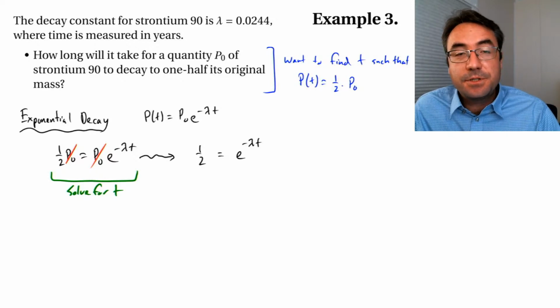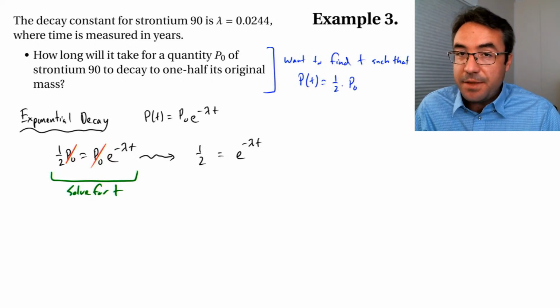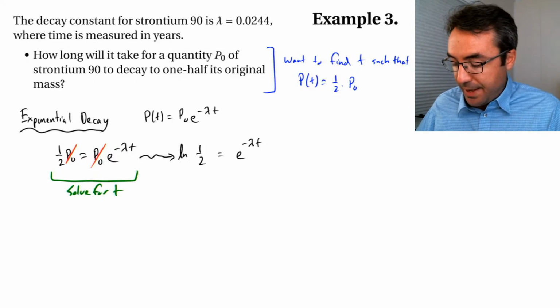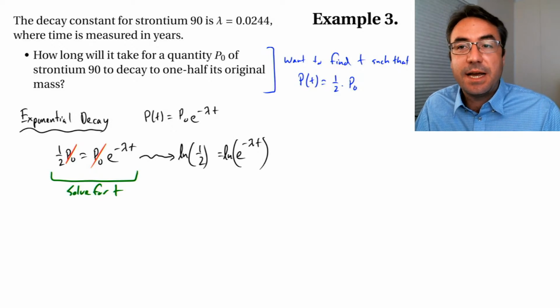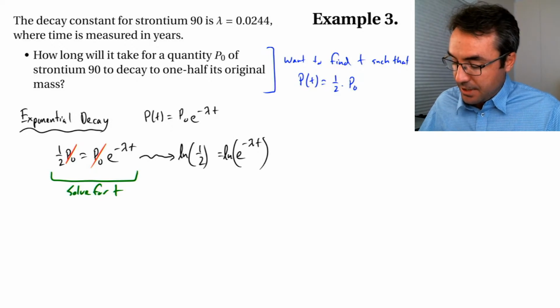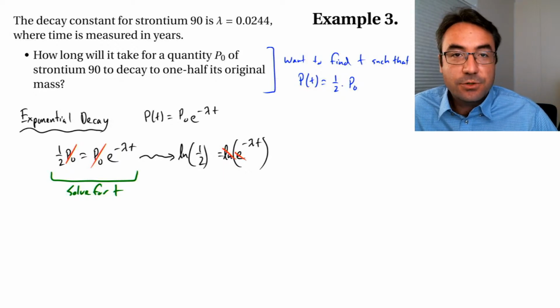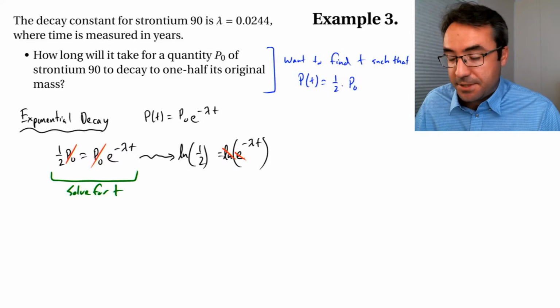We're trying to solve for t, so it's up there in the exponent, so we want to cancel off the e. And the way we do that is by applying the inverse function, natural log, to both sides. That's going to get our e canceled off. So we'll have the natural log and the e will cancel there on the right.